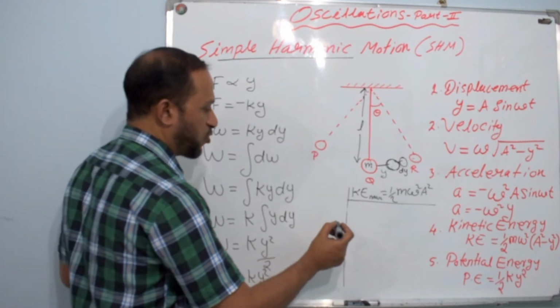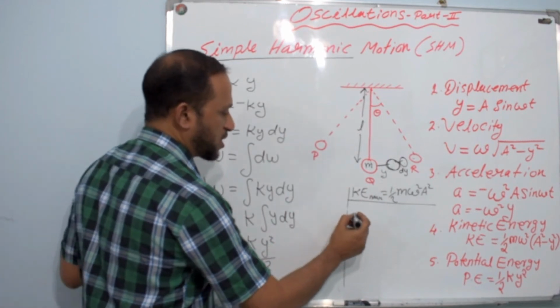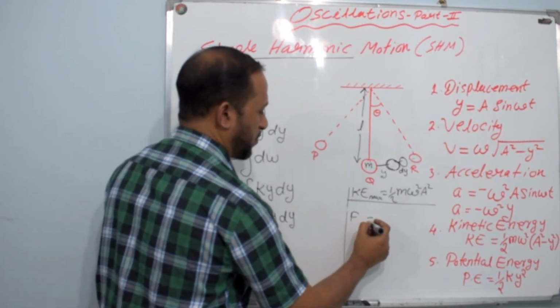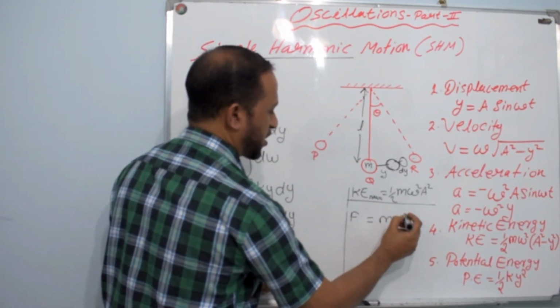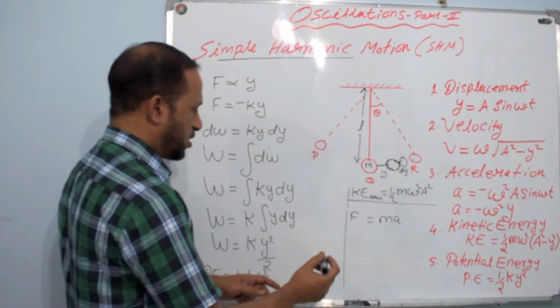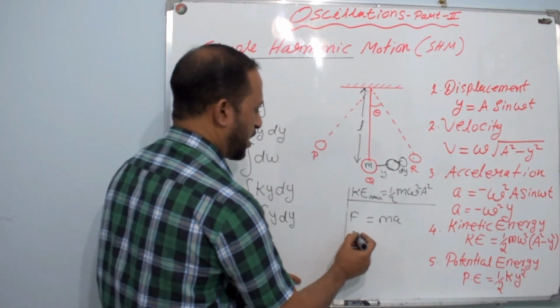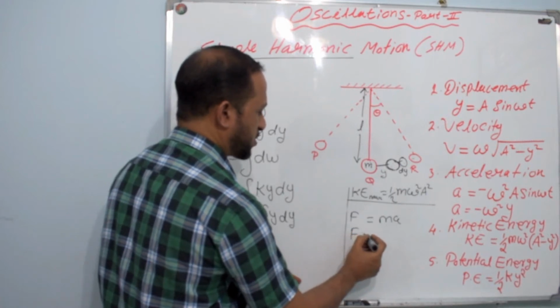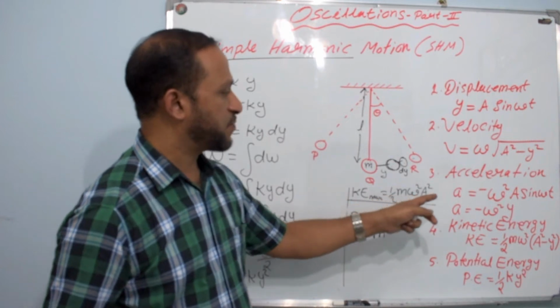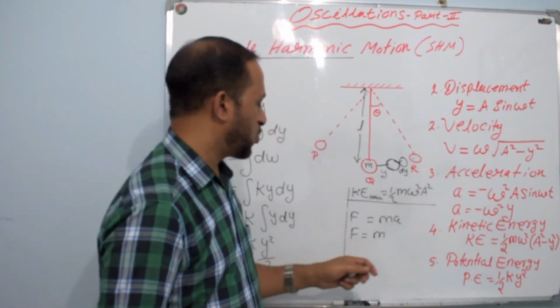We know that the equation for force according to Newton's equation, F is equal to ma, mass into acceleration. And in the case of an oscillator, the force acting F can be written as mass into acceleration, whose equation we already derived, that is minus omega square into y.